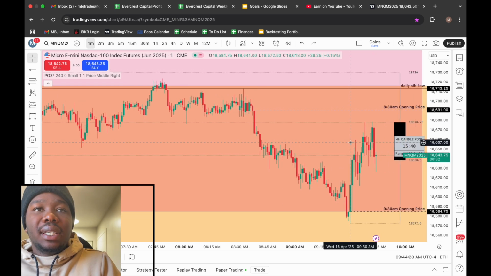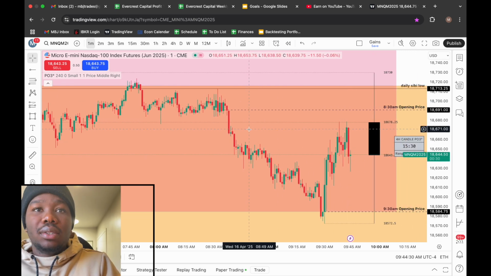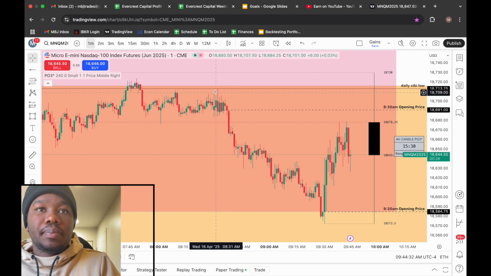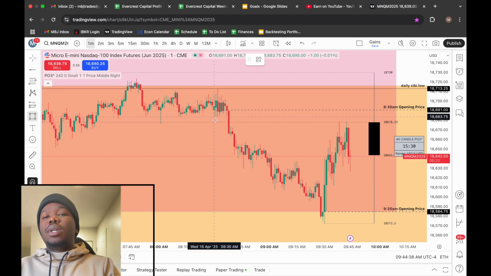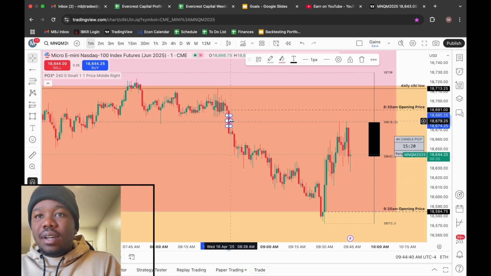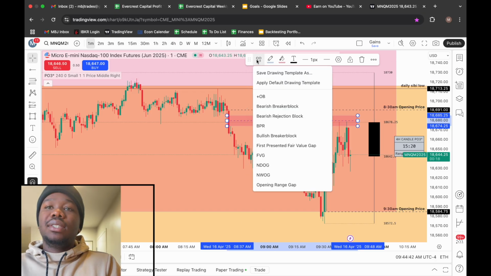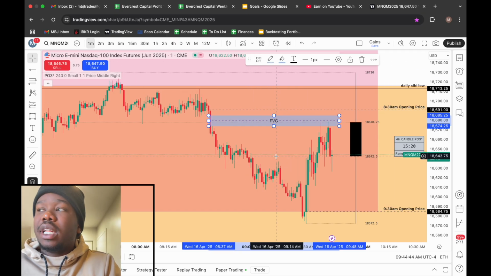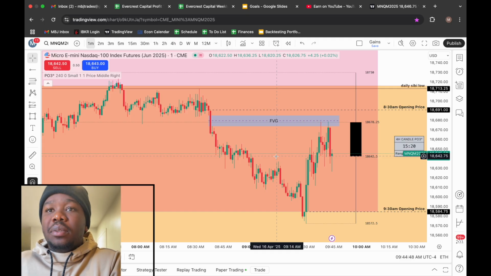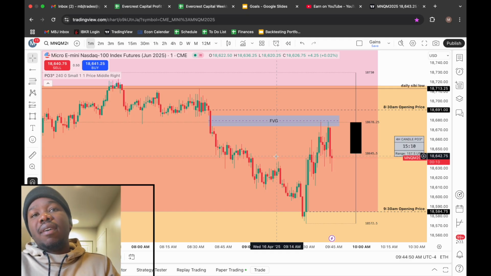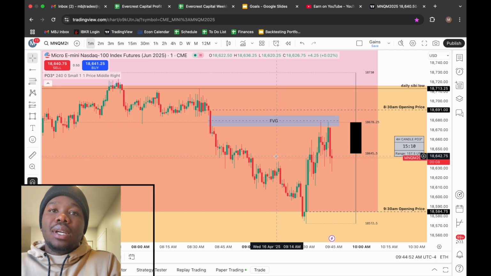We are respecting so far this gap. Also, I do want to say this is not financial advice of any sort. I'm not any professional to be giving financial advice, but I have a method that works for me, and I just want to show you guys the method that works for me.